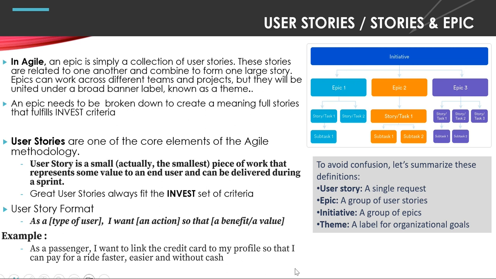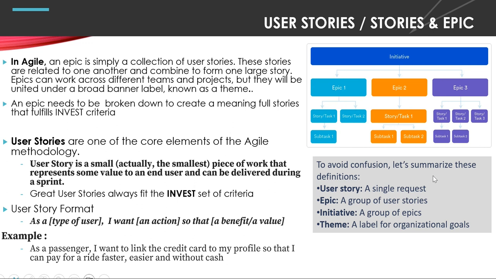You have a theme on the top, which is basically a label for the organization goal, followed by an initiative, which is a group of epics. You can see here it is an initiative which has a group of epics. And an epic is a high level story that can be broken down into user stories and further broken down into different tasks and subtasks.